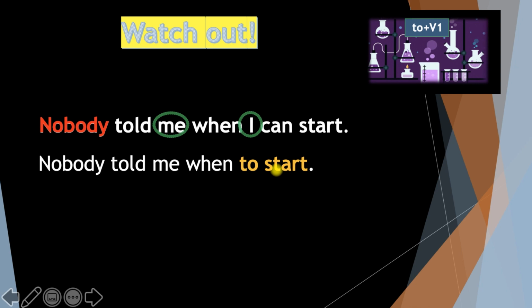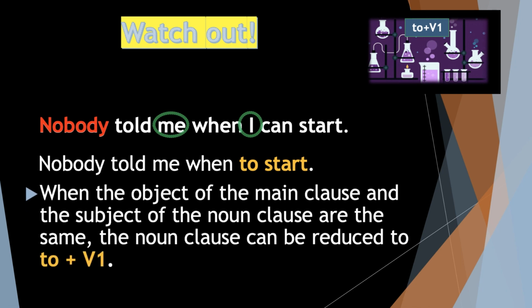And it is also correct to say nobody told me when to start. So the rule is the object of the main clause, as in here, me, and the subject of the noun clause, as in here, I, are the same. Under this condition, the noun clause can be reduced to to plus verb 1, and it is correct to reduce it.